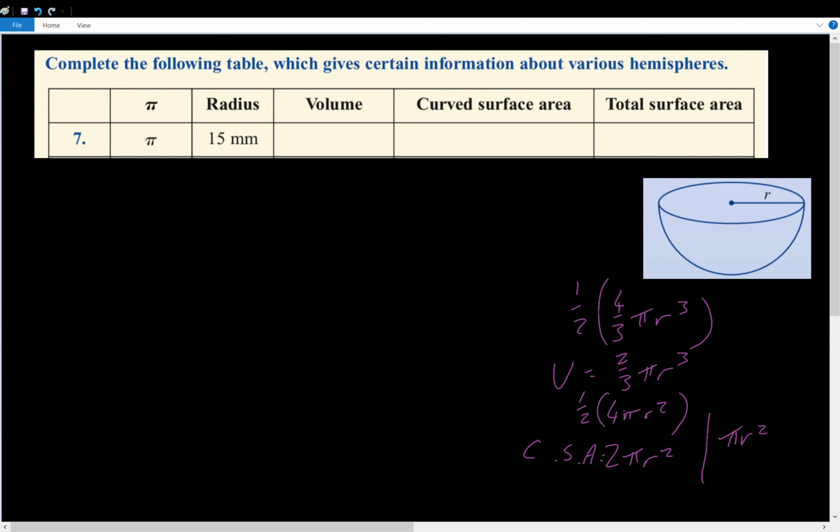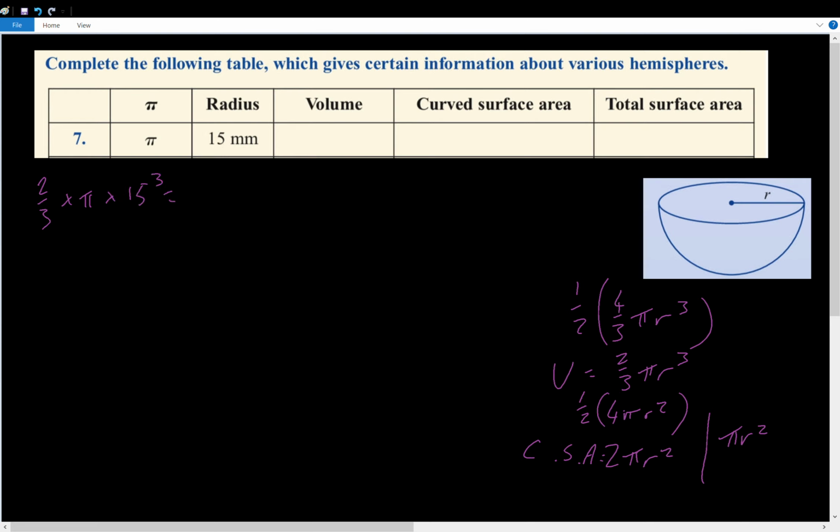So what we're going to do now is go through each of these and work them out. So for volume, it's going to be 2/3 times pi. For this we're going to use the pi button on our calculator, not an approximation like 22/7 or 3.14. We use the pi button on our calculator and we'll round at the end. So it's going to be 2/3 times pi times the radius cubed, so times 15 cubed.